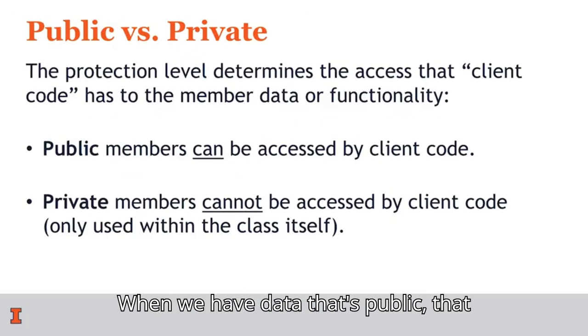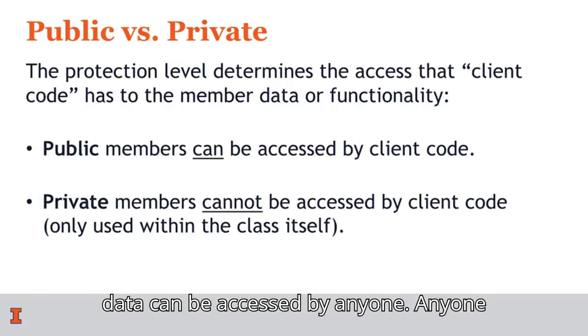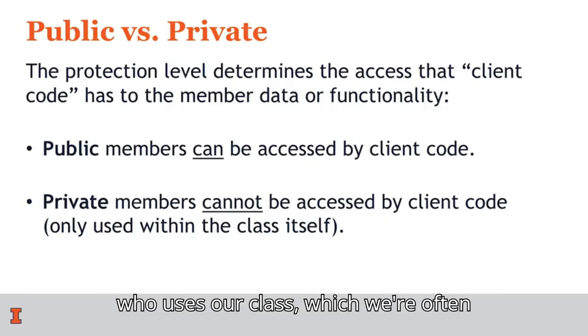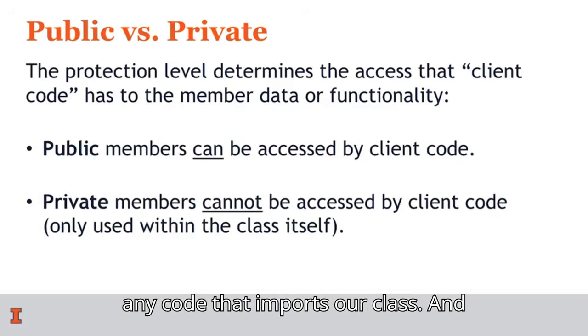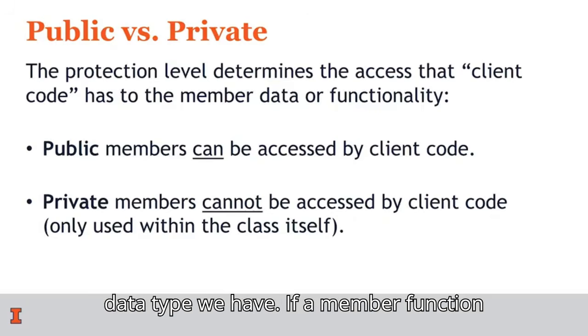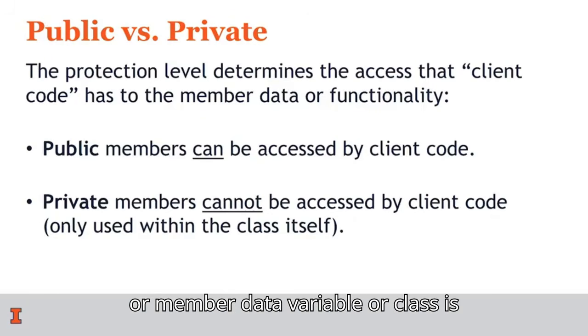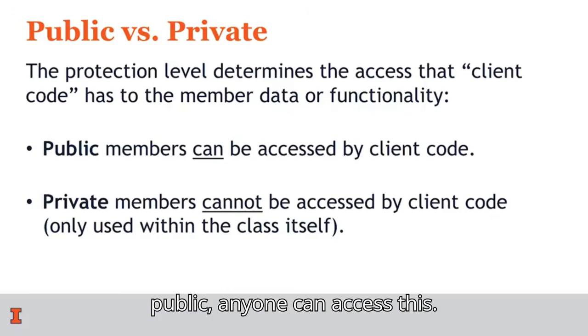When we have data that's public, that data can be accessed by anyone. Anyone who uses our class, which we're often going to call client code, is any code that imports our class and makes use of our cube or whatever custom data type we have. If a member function or member data variable of our class is public, anyone can access this.